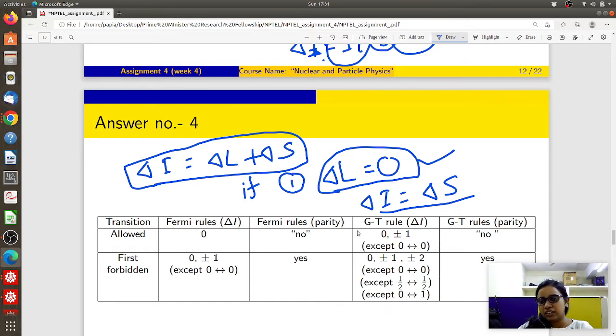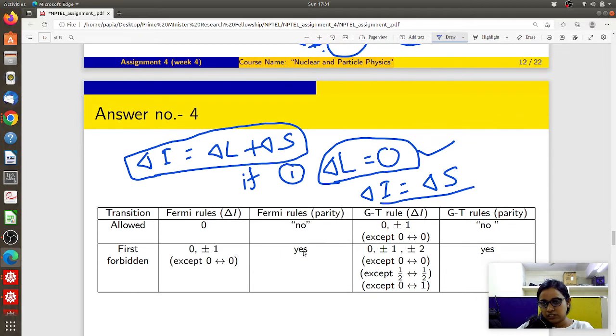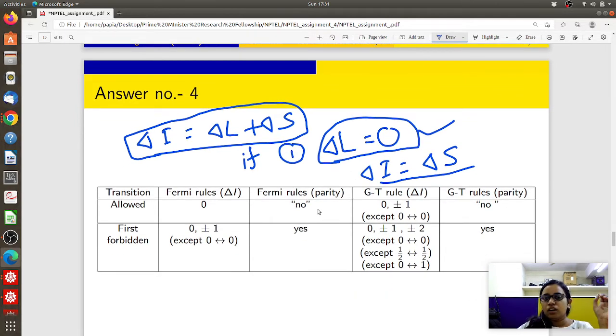The second condition is like, two possibilities will be there. I already told that delta S should be equal to delta I and delta L should be 0 for an allowed transition.